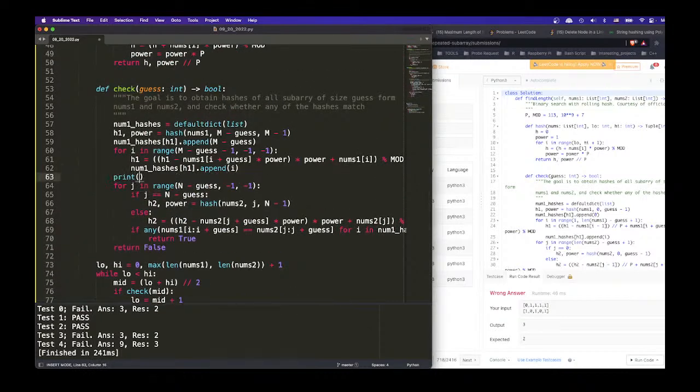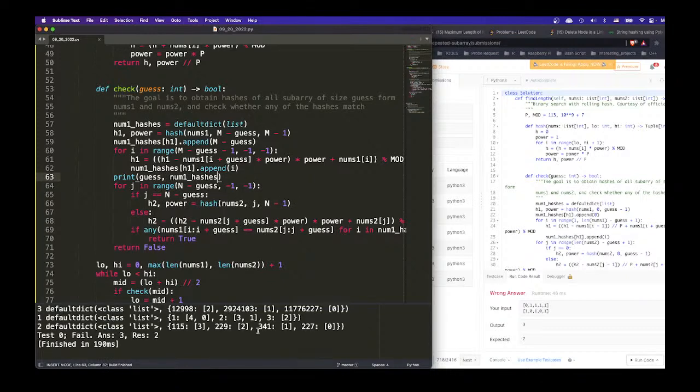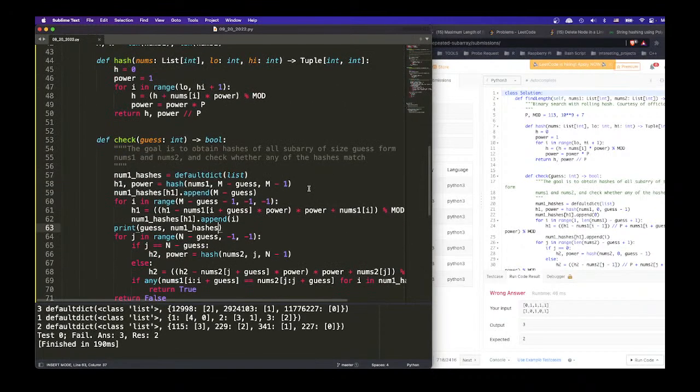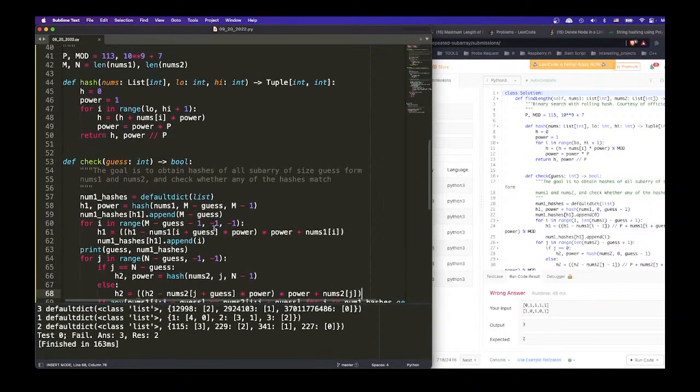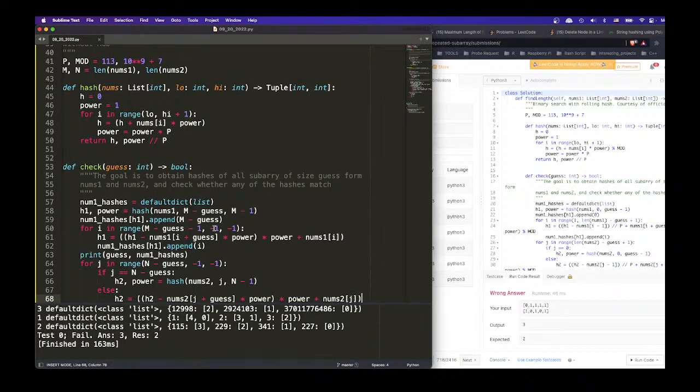Let's see. Print guess and nums1 hashes. I'm not sure what I'm looking at. Okay, let's do without the mod. This is kind of the first thing. Yeah, it's still not right. But I did follow.